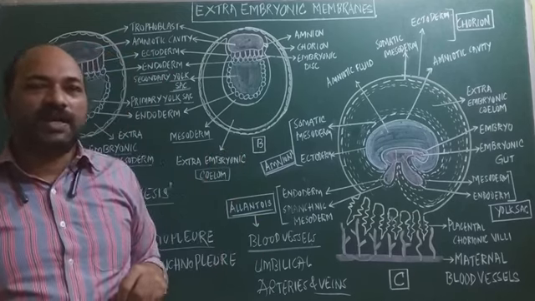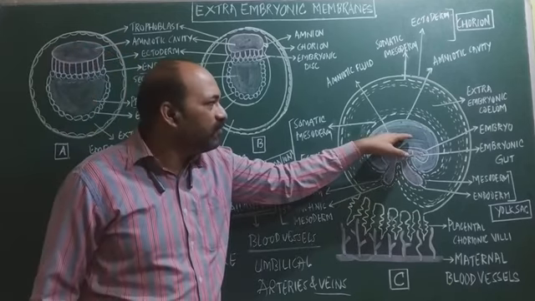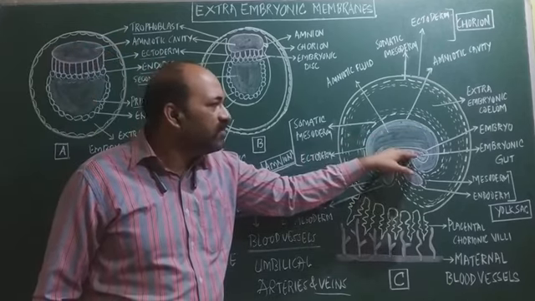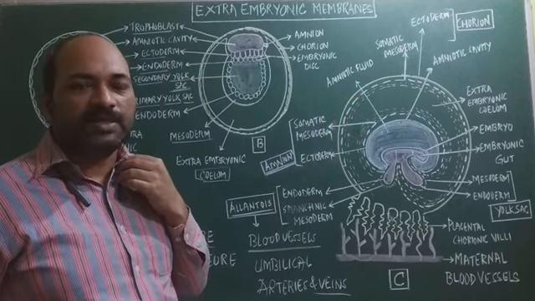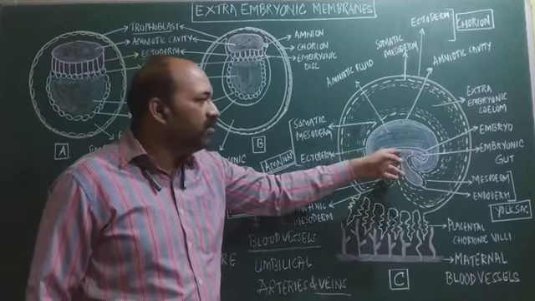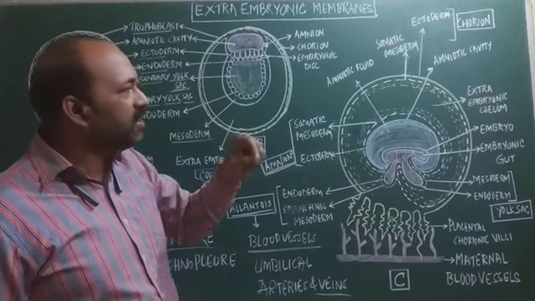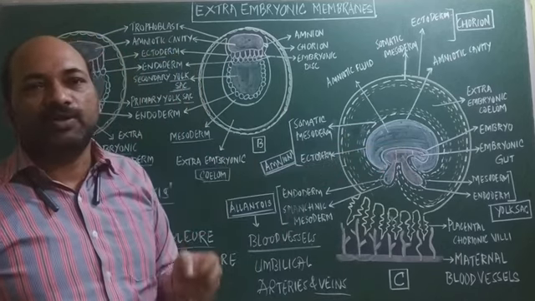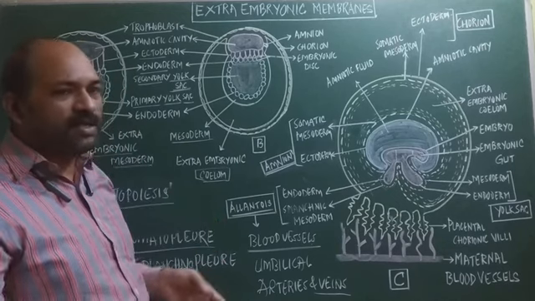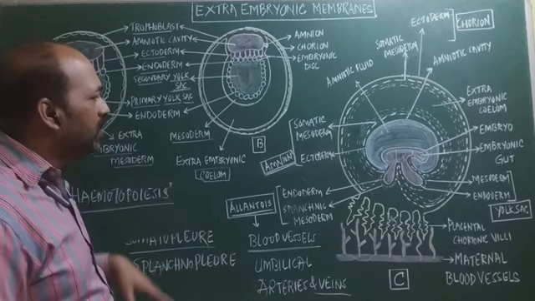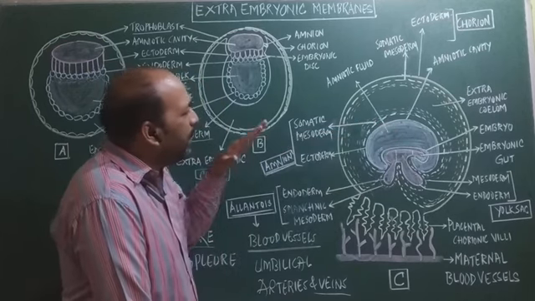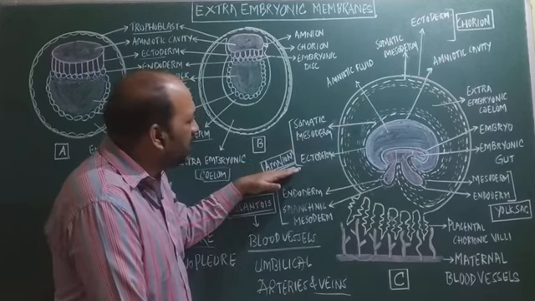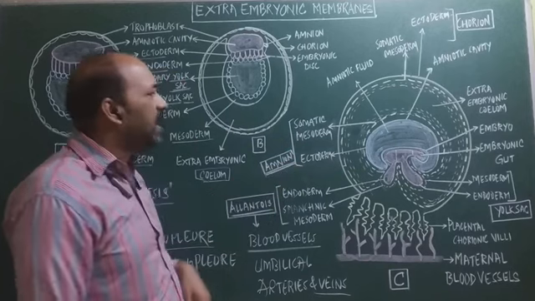When it is analyzed, as the amniotic fluid contains the cells of the embryo, one can easily determine the sex of the young one or the fetus. That entire technique is called amniocentesis, which is generally banned in India. So these are the various functions of the extra embryonic membrane called amnion.